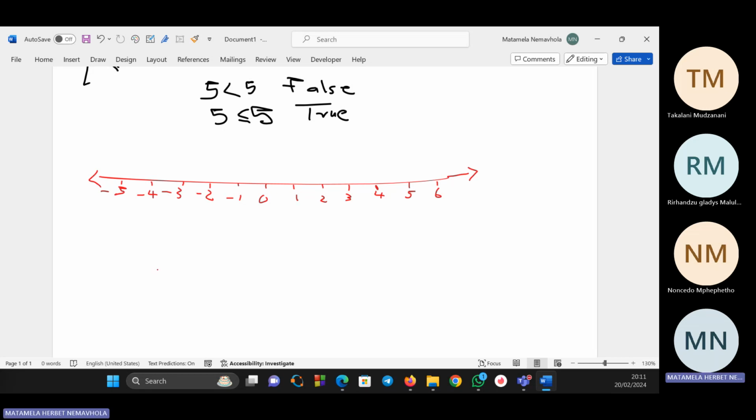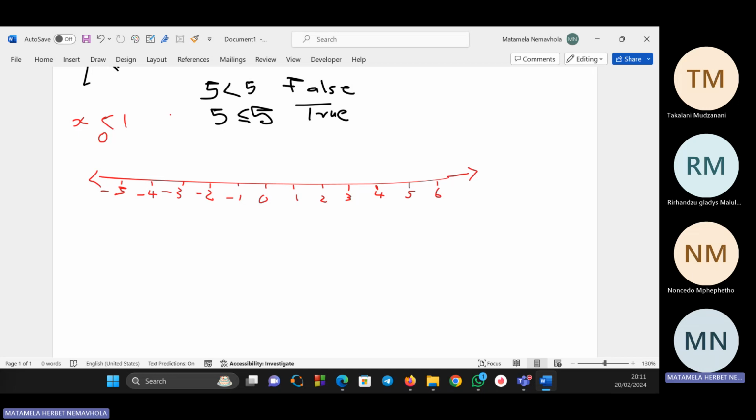So if they say I have x, which is less than 1, what it means is that for less than, you draw an O and you don't shade it.